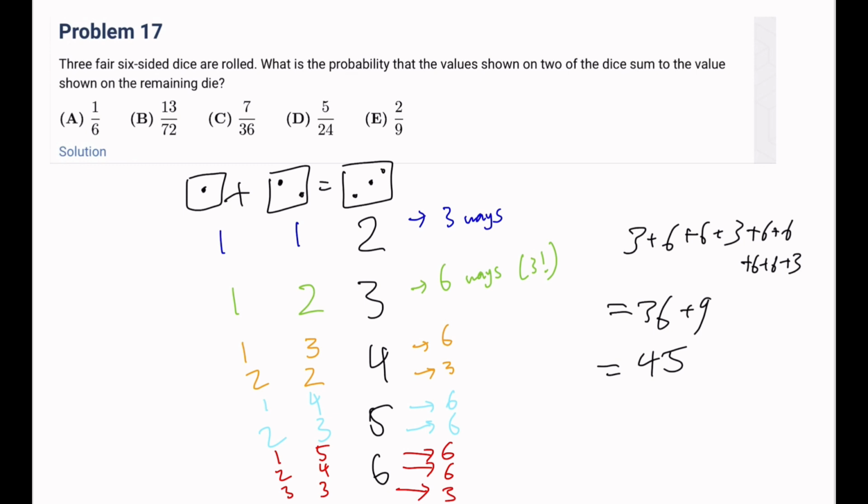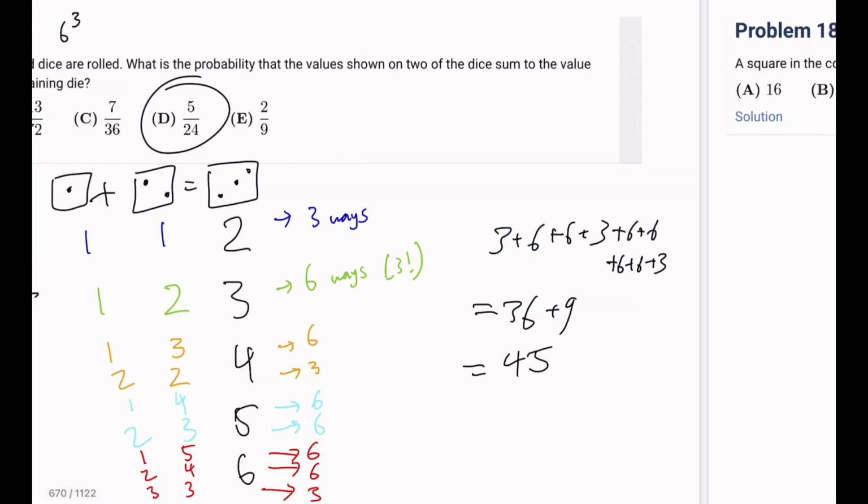And there are 45 possible outcomes, so that's 45 over all possible outcomes. 3 six-sided dice, so that's 6 to the third power, that's 216. And if we divide by 9, this will get us 5, and this will get us 24. So the answer is 5 over 24.